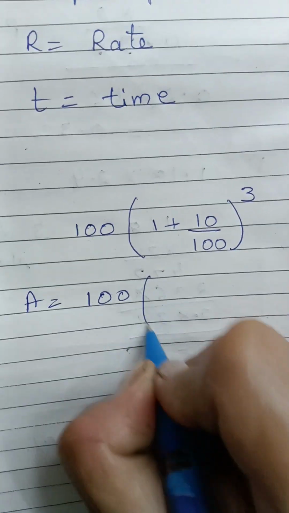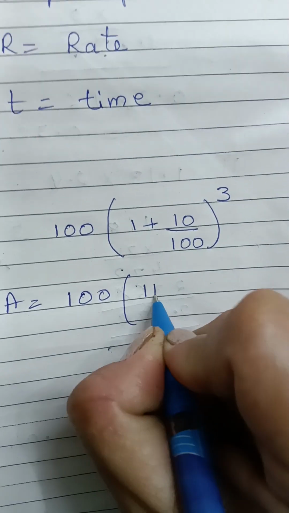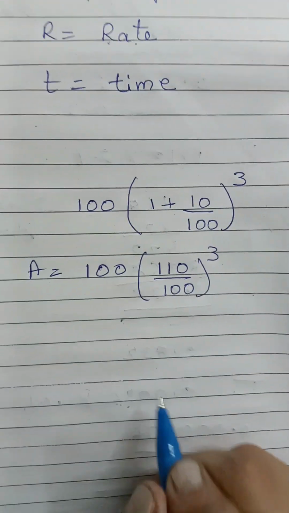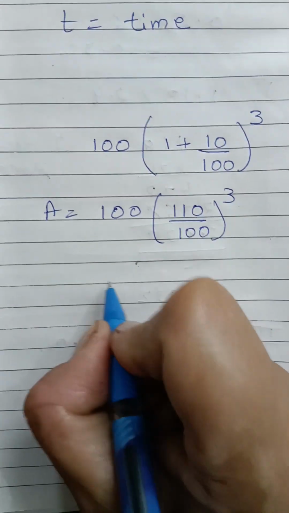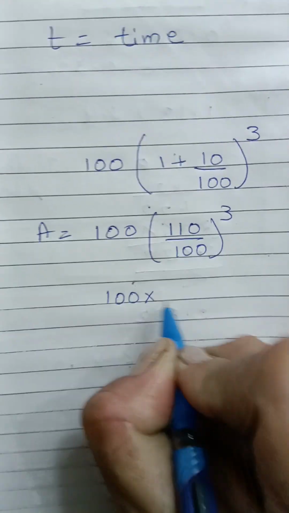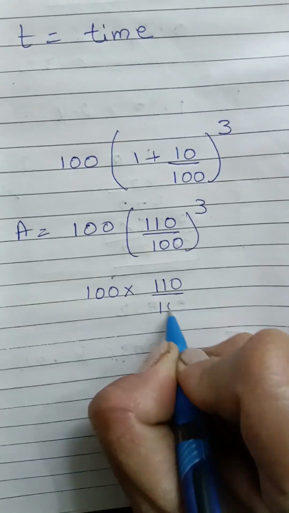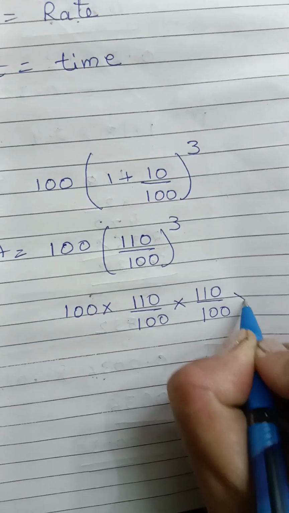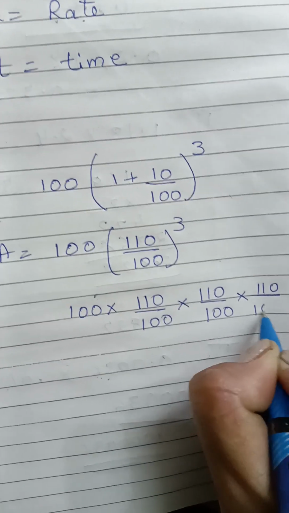Amount is equal to, you just take the LCM, you get 110 upon 100 raised to 3. We just open this cube, 100 into 110 upon 100 into 110 upon 100 into 110 upon 100.